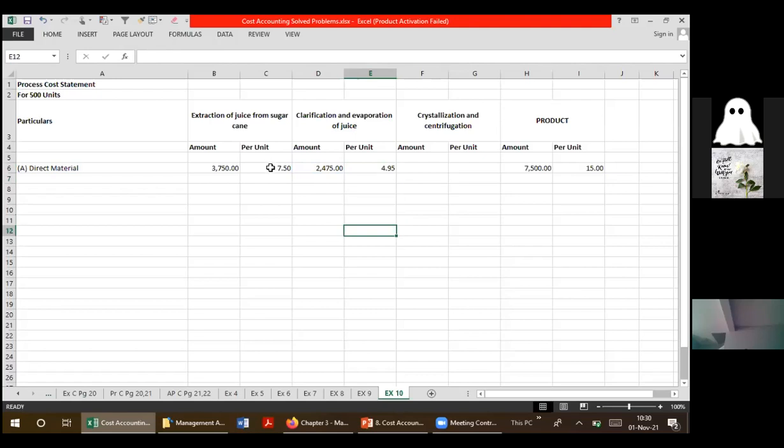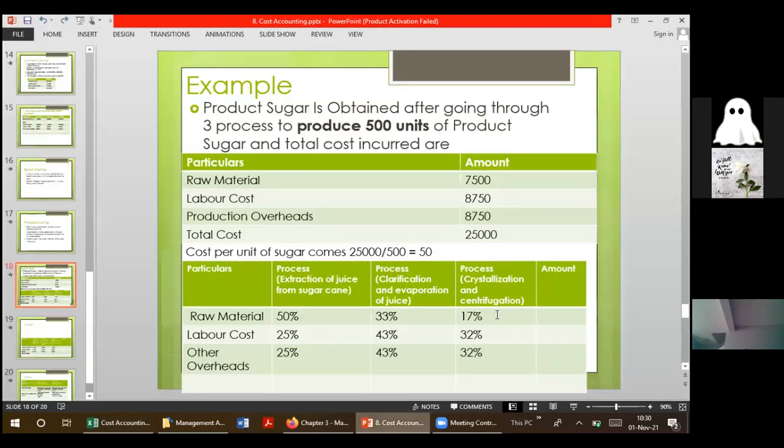Then we have the crystallization here. Let's also make this. Then the third process here says 17% of the cost.